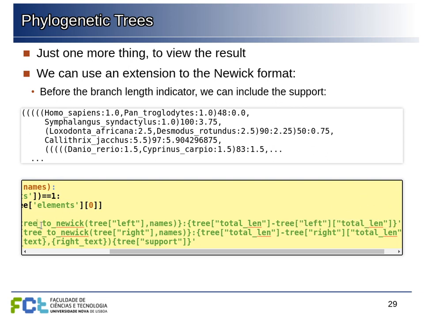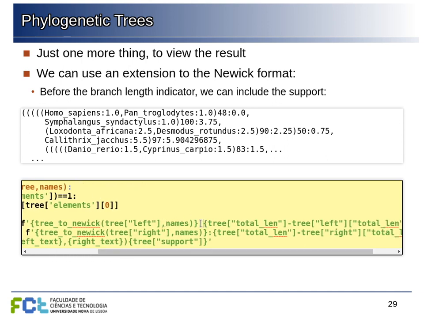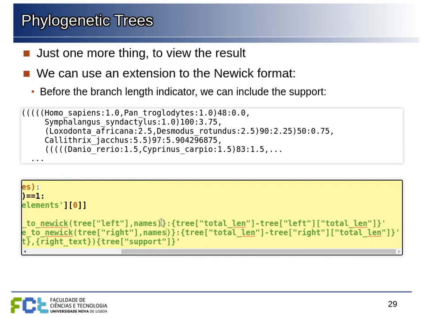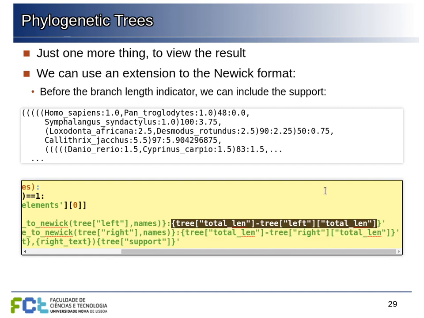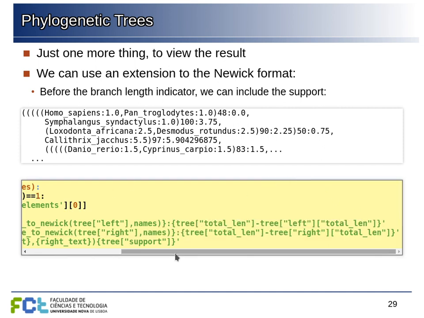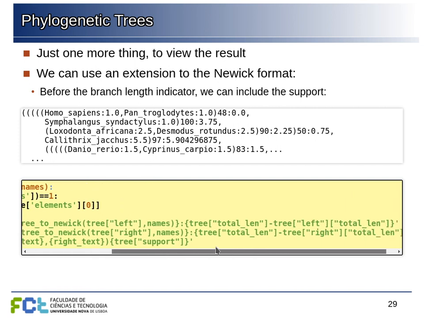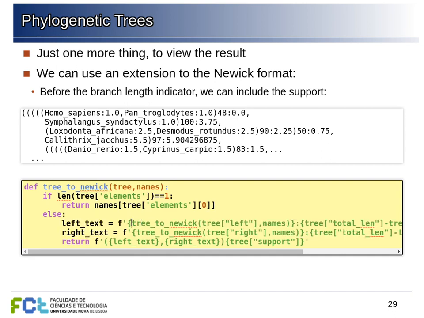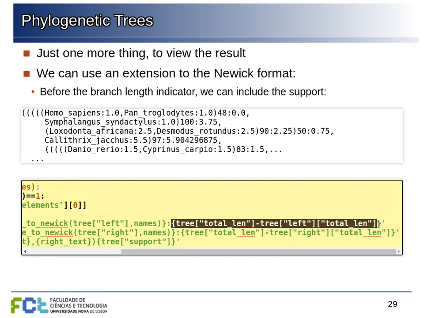So this would be the entry for the left subtree. Note this colon separator here that is separating the text of the tree and the length of the branch. And we are going to do exactly the same thing for the right sub-branch. So this is the same notation that we saw last week for the Newick format, where we have the branches and after a colon a value so that we can represent the length of those branches.